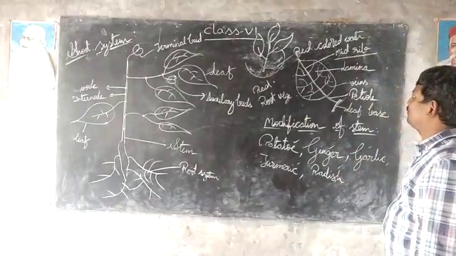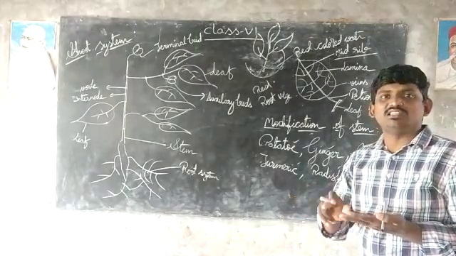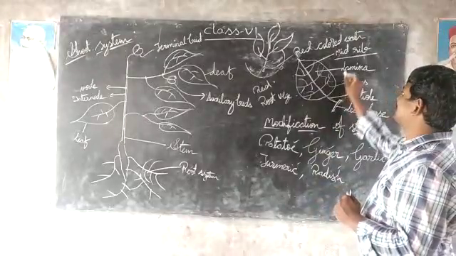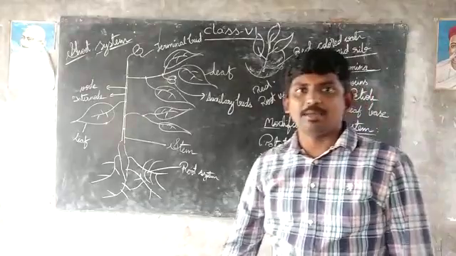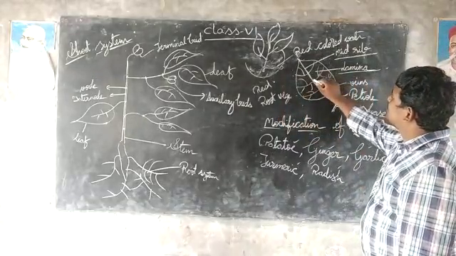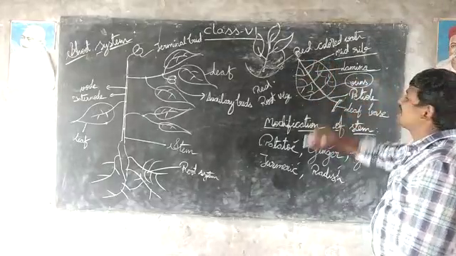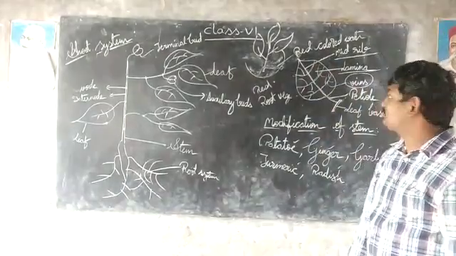The remaining plain green space on the leaf is called the lamina. And these small lines that will be there, those lines are called veins.